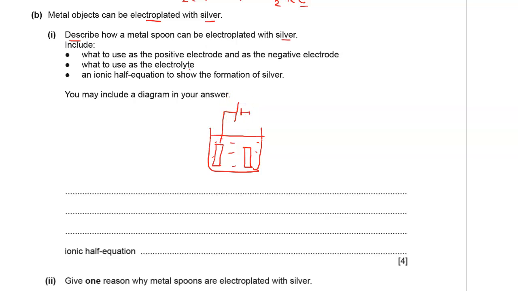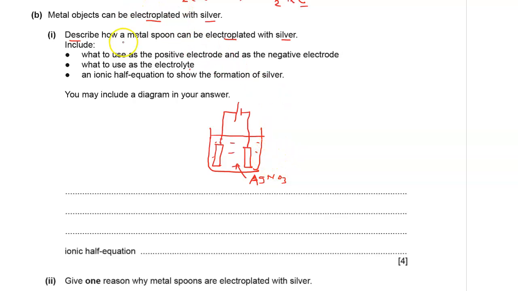The negative terminal is connected to this one. And of course, that makes this one the anode. This is the cathode. And the electrolyte here is going to be silver nitrate. Remember, we are electroplating with silver. So the electrolyte should be of silver, so that the silver gets discharged.